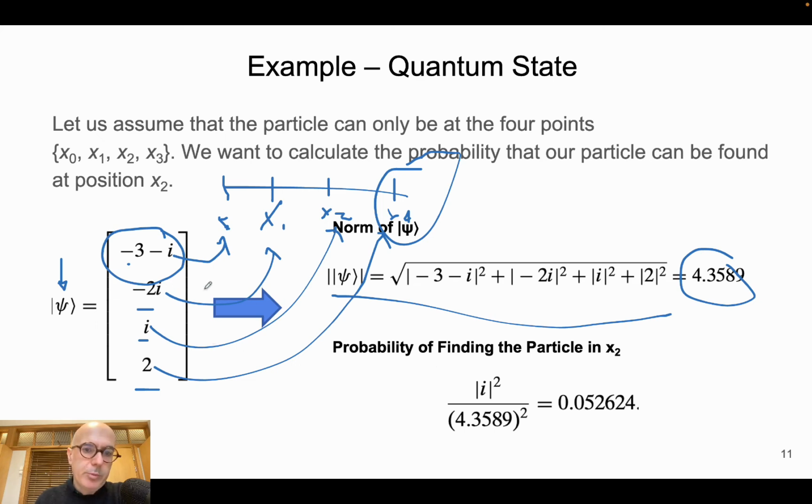If we want to find the probability of finding the particle in position x2, that is this one, we take this number, I, we take the magnitude, we square, and then we divide it by the square norm of the whole vector, and this gives you this number here, 0.05. That means that the probability of finding the particle in this position after we did the measurement is 5%.